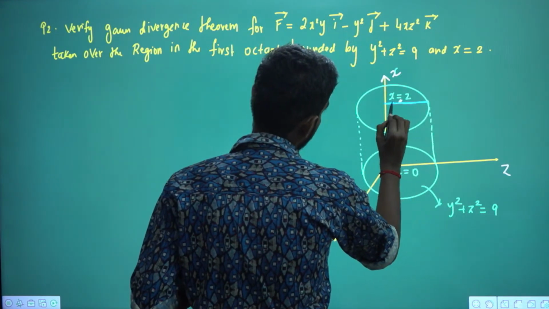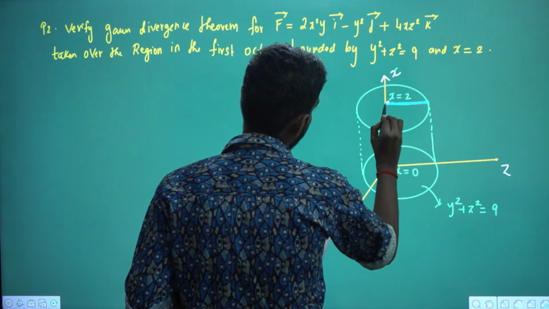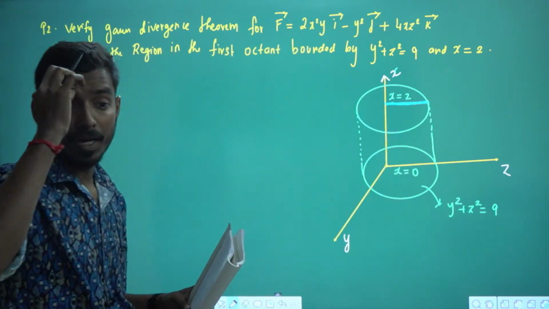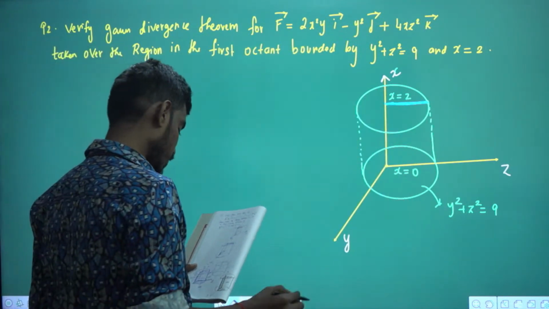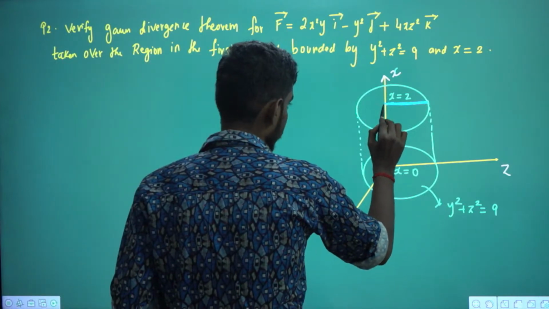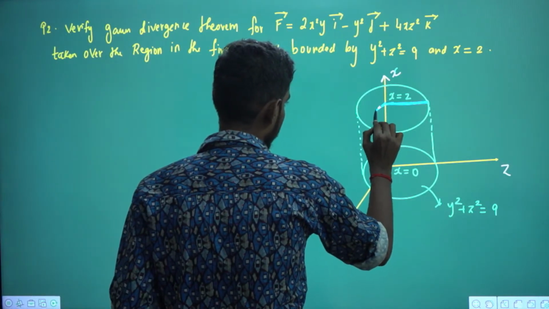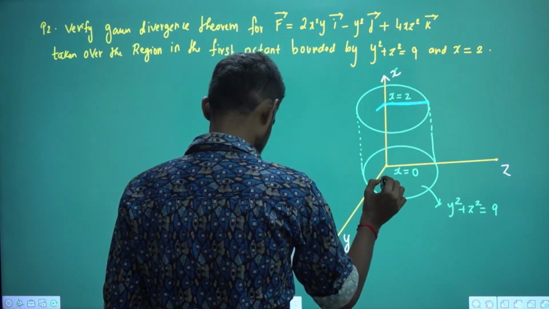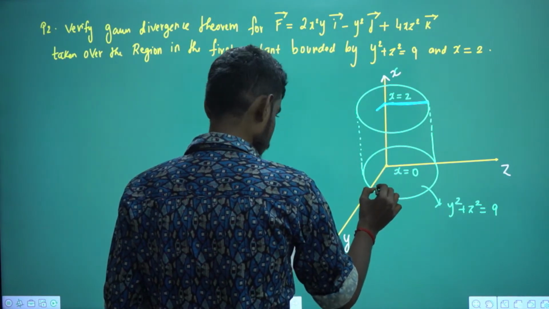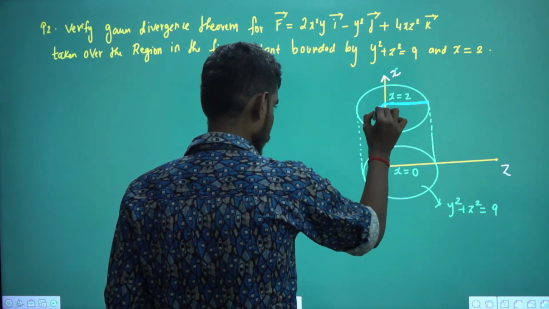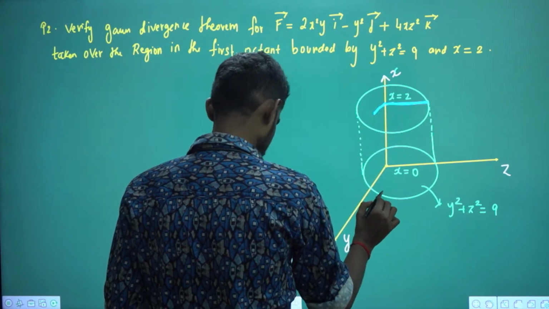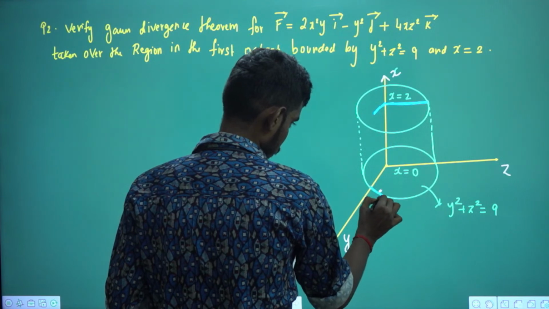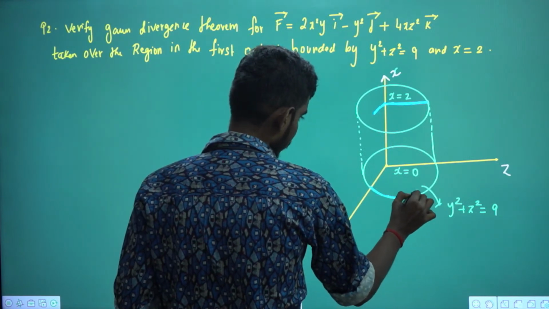Let me try to draw only the first octant, where x is positive, y is positive, z is also positive. So I'm just drawing only the first octant now.